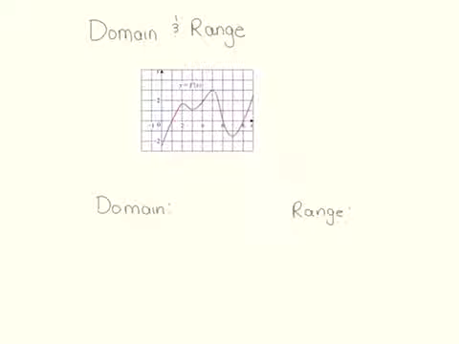The next concept we're going to talk about is domain and range. So remember, domain is all of the x values that the function will reach, and the range is all of the y values that the function will reach. So when we're looking at the x values, we're looking left and right on the graph, and we're seeing if there's any restriction.